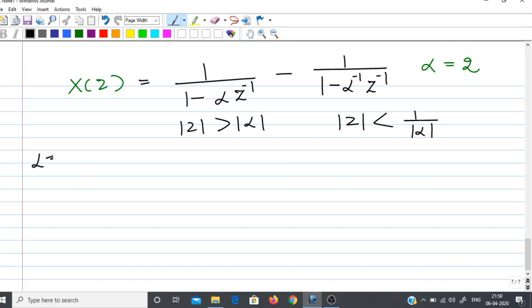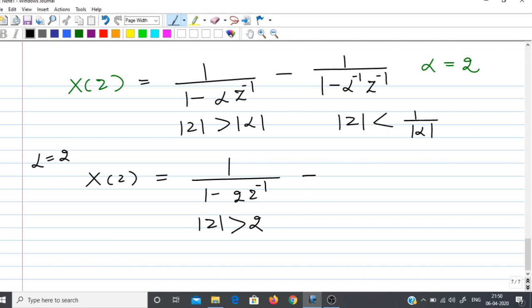Now taking alpha as 2, X(z) would be 1 upon 1 minus 2z inverse with ROC mod Z greater than 2, minus 1 upon 1 minus half z inverse with mod Z less than 1 by 2.